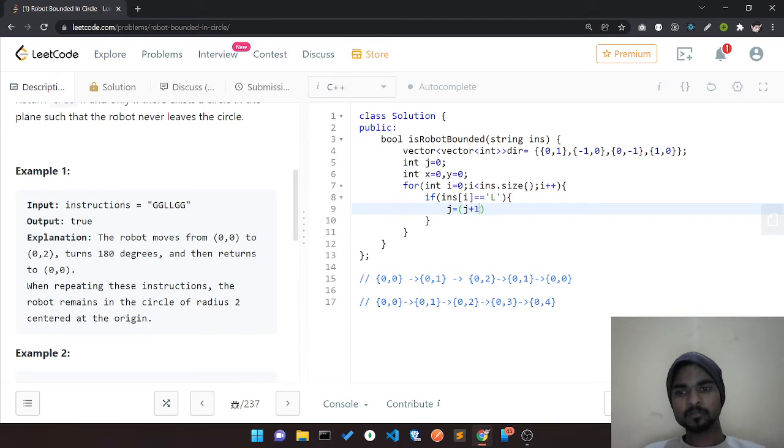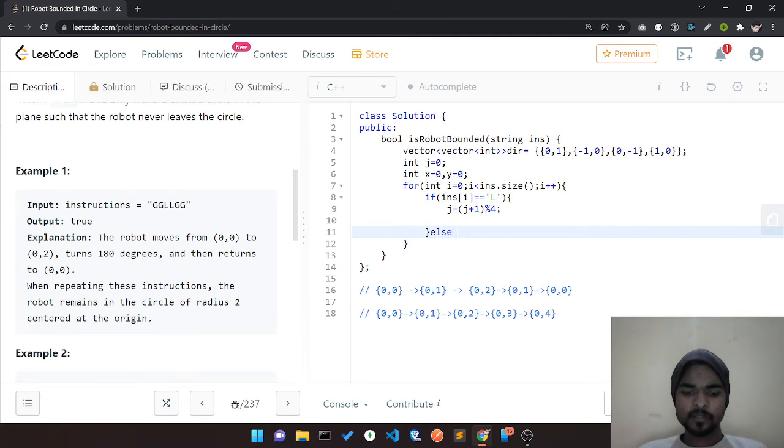If I add 1, it's pointing here, on the top side. If my j's value is 1, it means it's pointing here. But if I call left again, it comes to this 0 comma minus 1, meaning it rotated to the back side. So it works. Since there are only four directions, if it's greater, I have to take the modulo of 4.